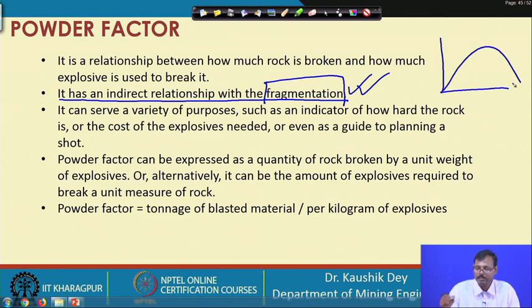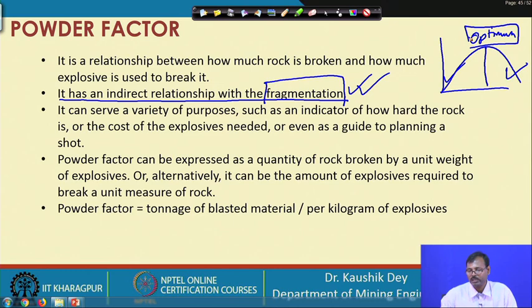Basically, it has been observed that the powder factor follows a curve like this, where this gives us the optimum point. That means the fragmentation is not satisfactory in this position, and not satisfactory in this position also, but in this position the charge amount becomes satisfactory, and we achieve the optimum fragmentation.